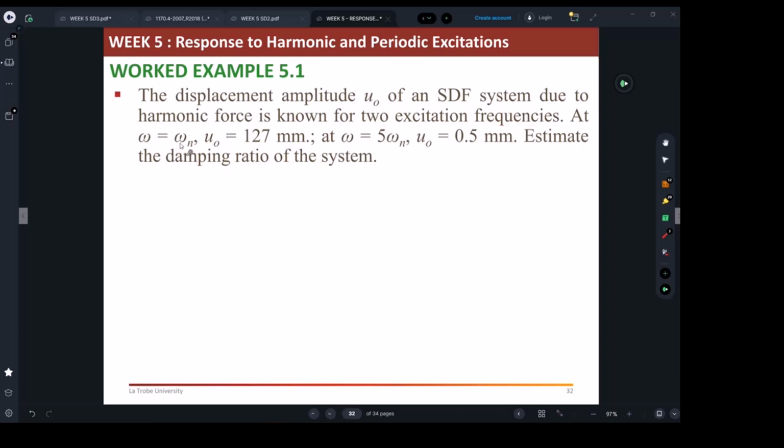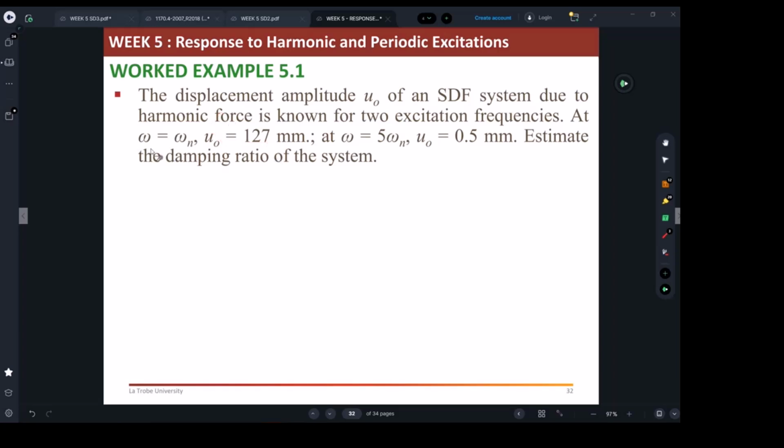So they did an experiment on a single degree of freedom system. It looks like a small scale structure, because the dynamic deformation is really small. You cannot displace a large structure this big.